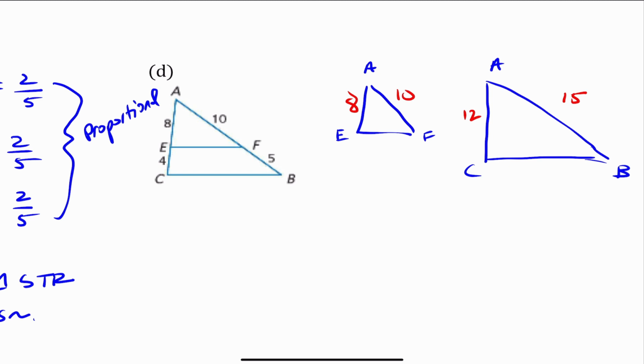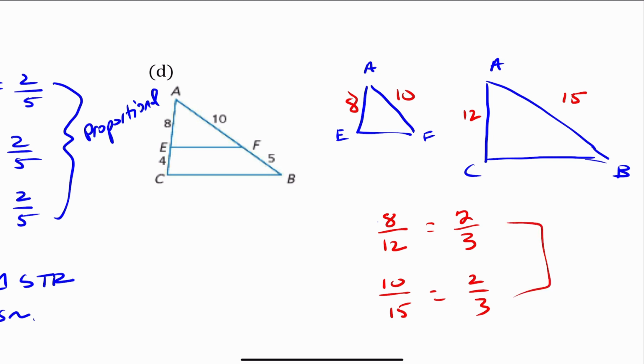So then we can see we have the smaller triangle to the bigger triangle. So it's 8 to 12. We can see that AE corresponds with AC. So I can write 8 to 12, which reduces to 2 to 3. Here we have AF to AB, which is 10 to 15. So that reduces to 2/3.